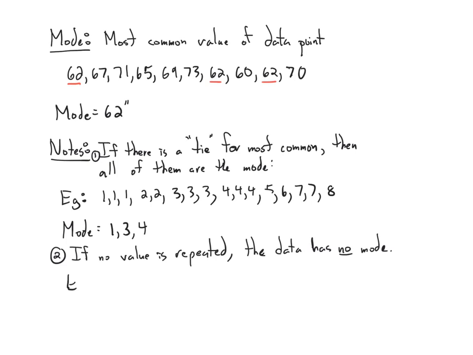So if you had something along the lines of a data set like this, 2, 4, 9, 17, 23, 31, well, all of those appear exactly once. So nothing is repeated. There's nothing that's most common. So there is no mode.